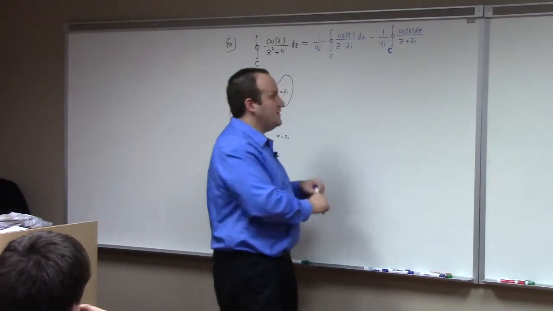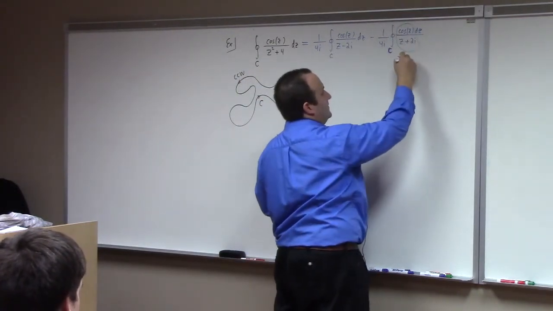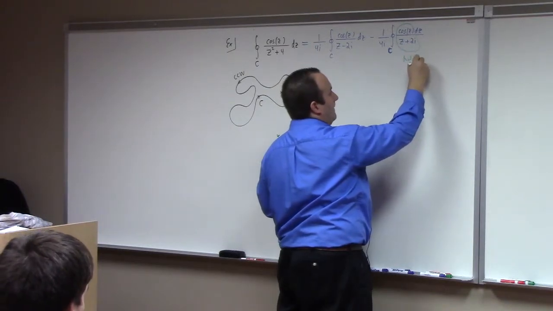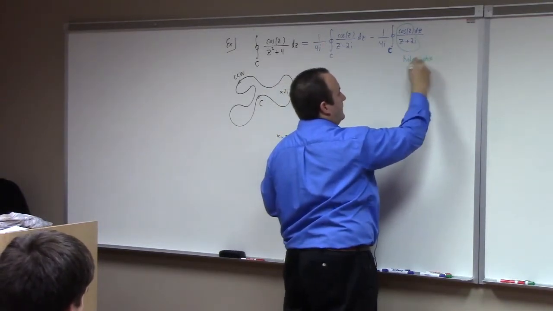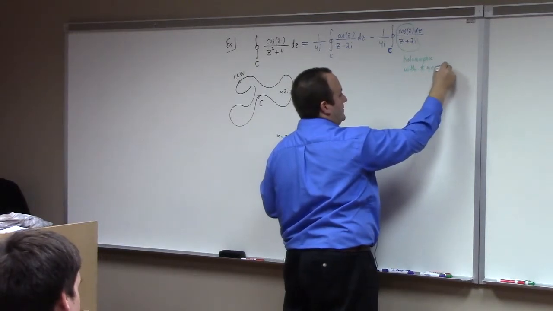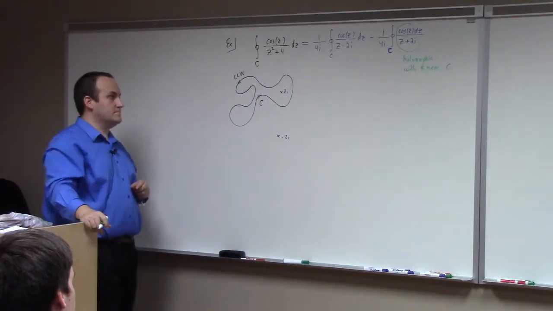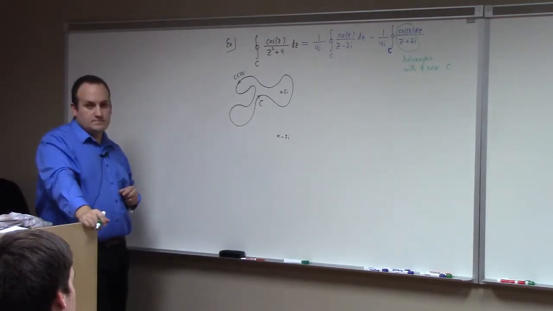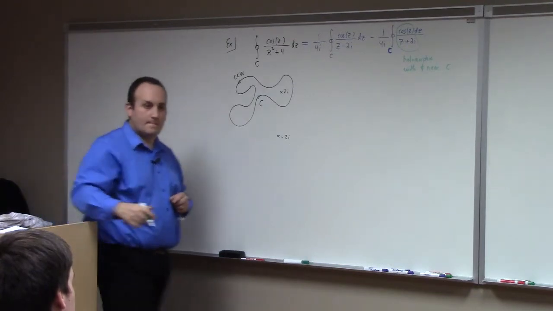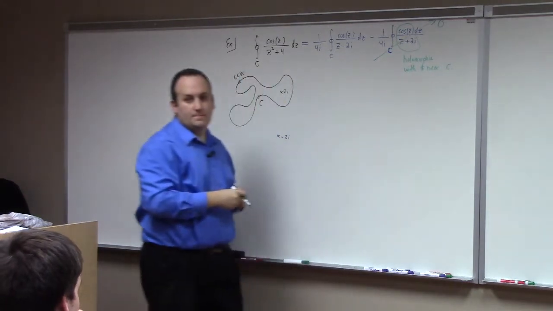So if that's the C, then this right here is holomorphic within and near C, right? So that's 0 by Cauchy's theorem.